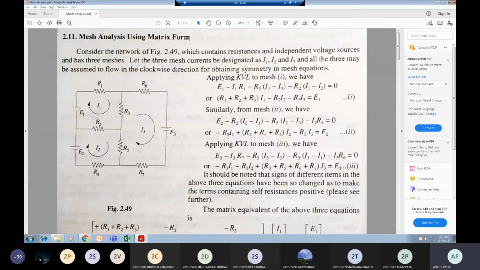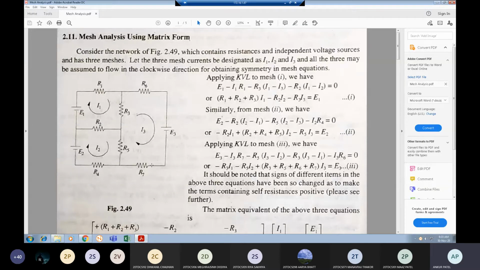And for the third, suppose we are starting from this, what can we write for this third loop, the third mesh? Is this equation right for the third? The direction is given like this.